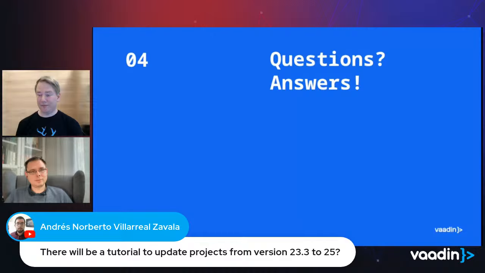Yeah. And talking about preparing for the upcoming 25 release, I guess we are fairly close to the beta release of 25. And yeah, I think that's one extremely convenient way to get ready for the big one. So starting to plan ahead.